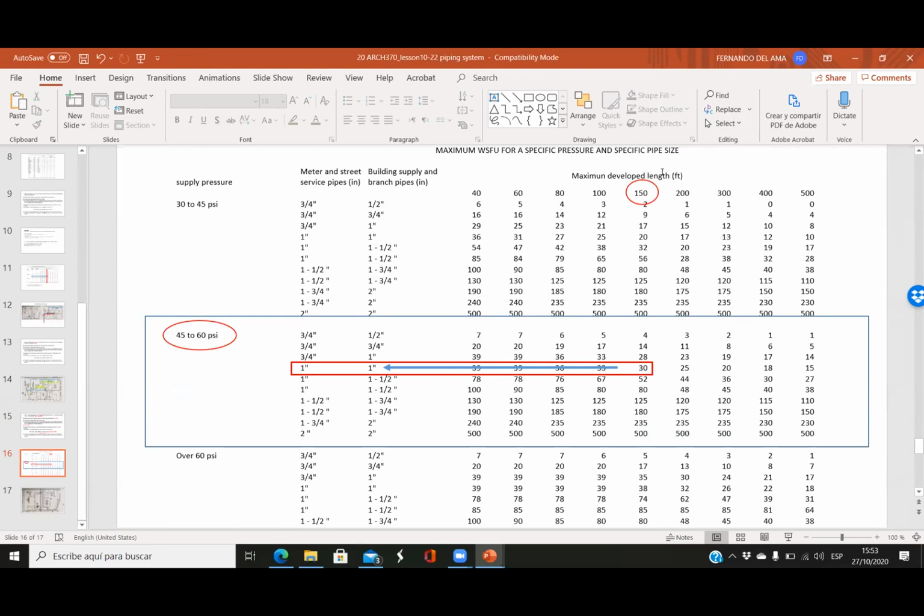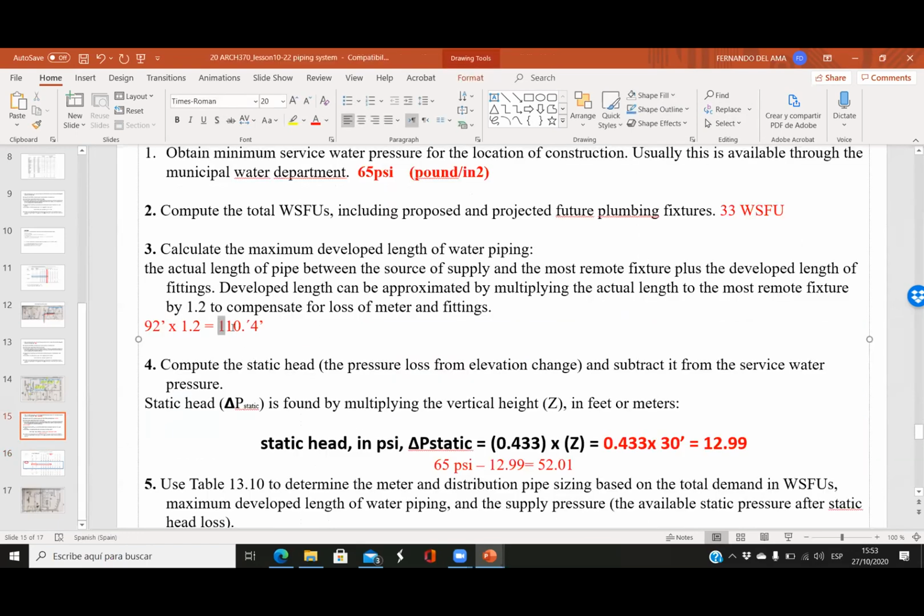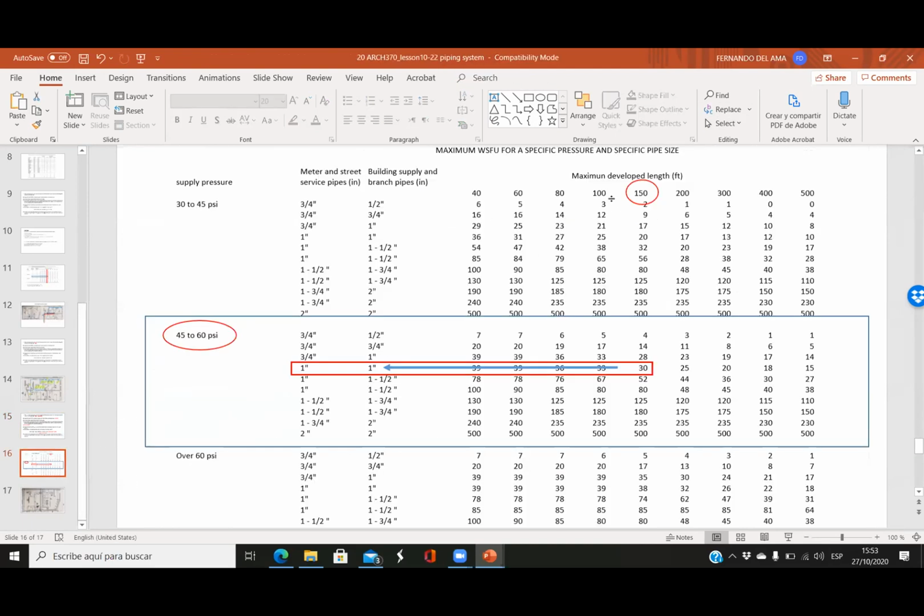Then the second is the maximum length, which was 110.4 feet. In this table, we have to go up. So it's not 100, it has to be 150, because if we are between 100 and 150, we take 150.